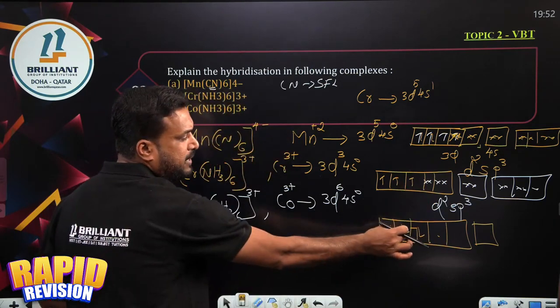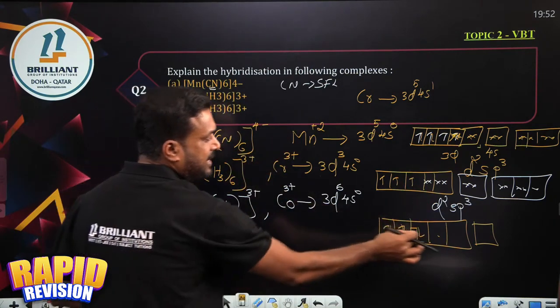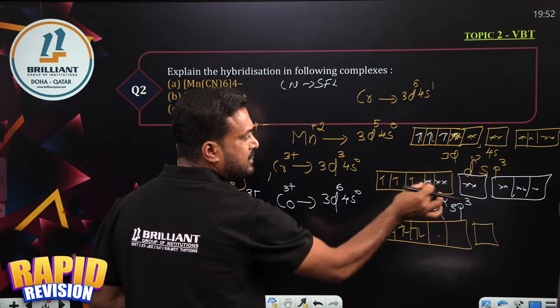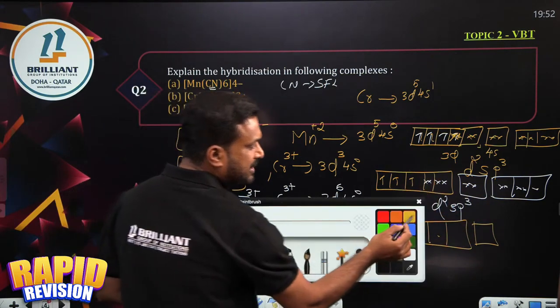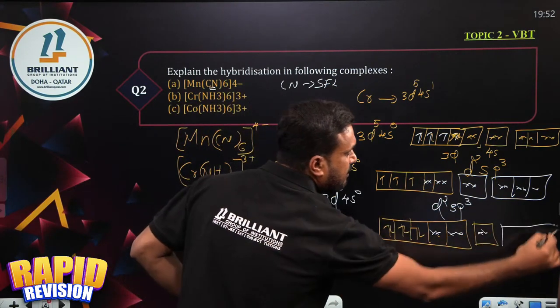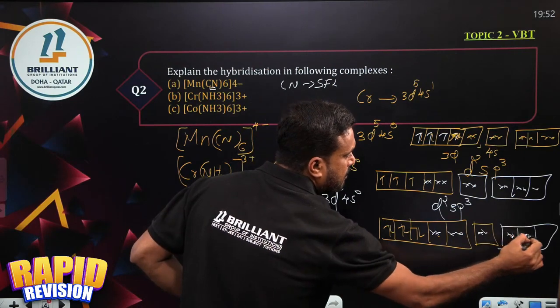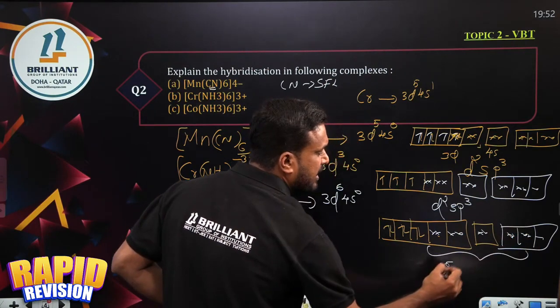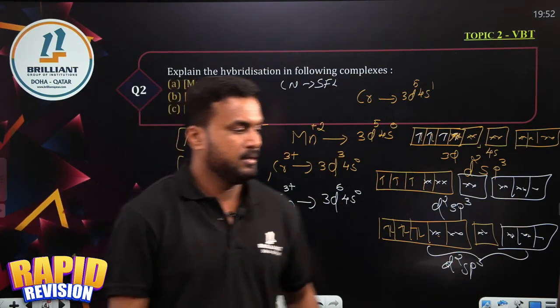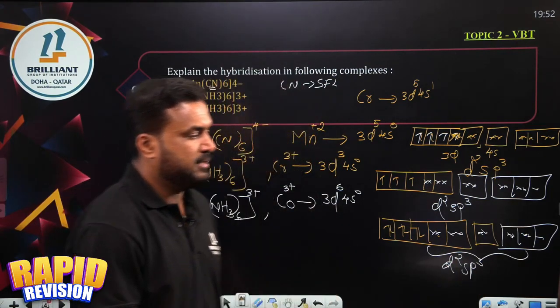Here pairing up can take place and we will get the exact hybridization. For chromium it was impossible. So now we can use the 2 orbitals over here and this one again, here it is P. Now the hybridization is again d2sp3.